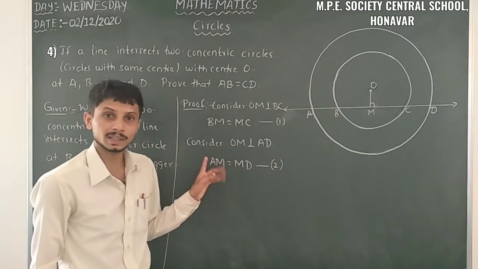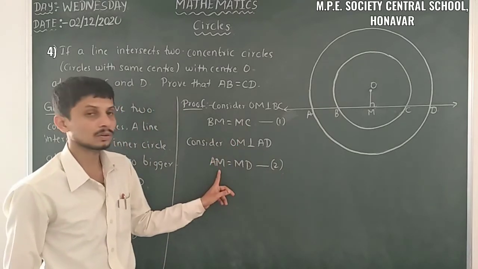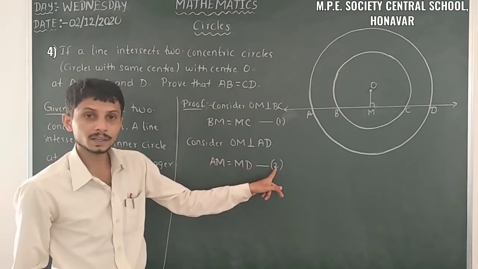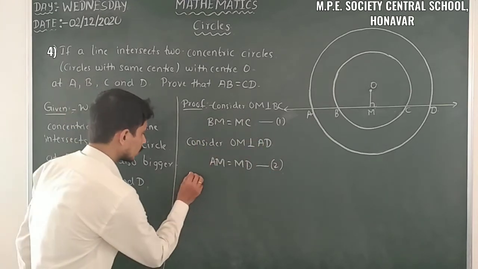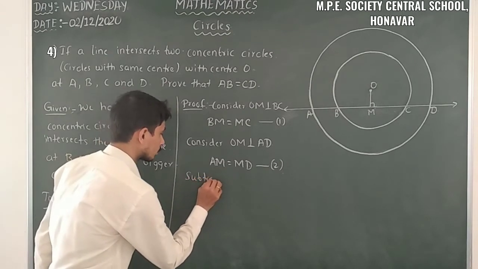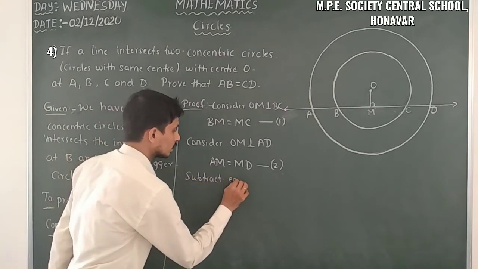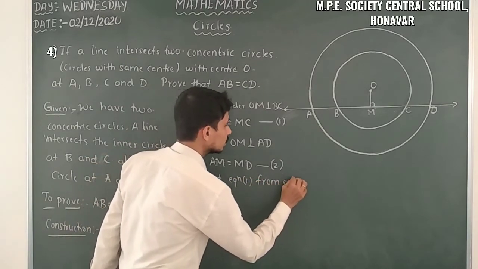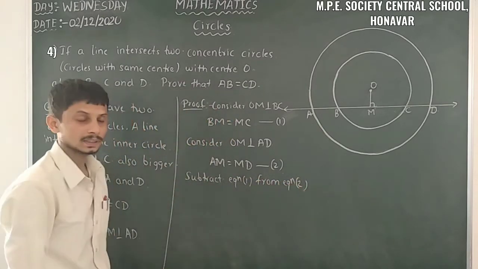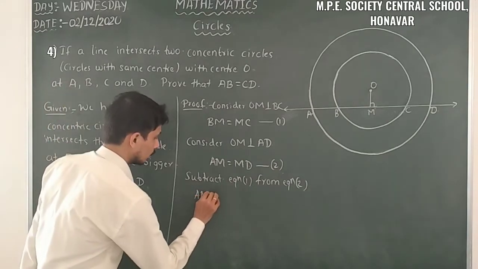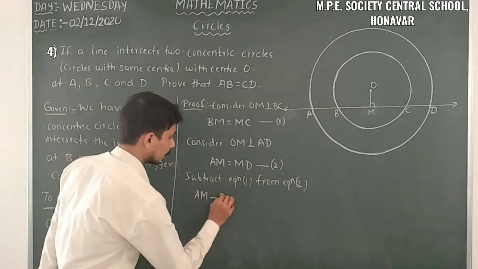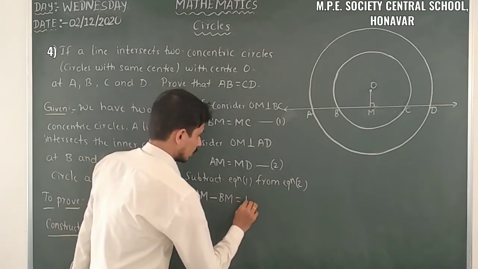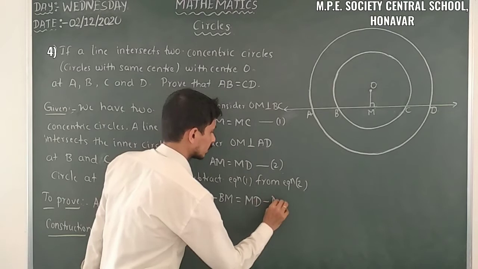Here we want AB and CD, so we have to subtract AM minus BM, that is, subtract equation 1 from equation 2. Then AM minus BM is equal to MD minus MC.